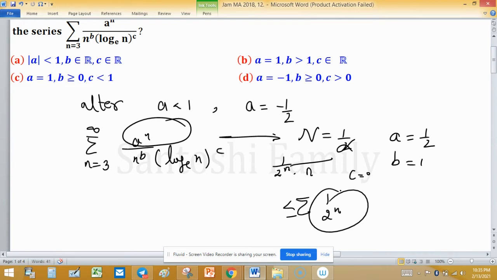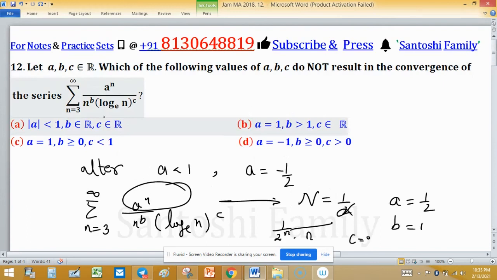So option A is discarded here, because if you apply the ratio test, root test, or condensation test, whatever the test, they are for positive term series, and always try to make the numerator 1.